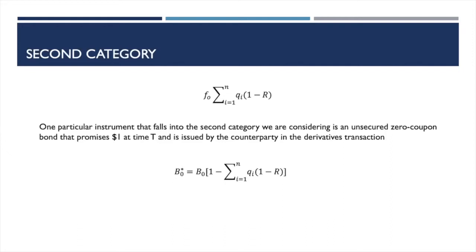Define B0 as the value of the bond assuming no possibility of default, and B0 star as the actual value of the bond. If we make the simplifying assumption that the recovery on the bond as a percentage of its no-default value is the same as that on the derivative, then we can obtain the second expression.